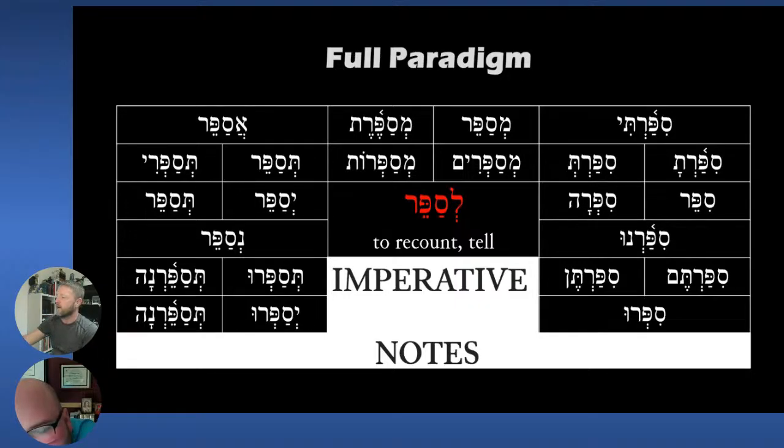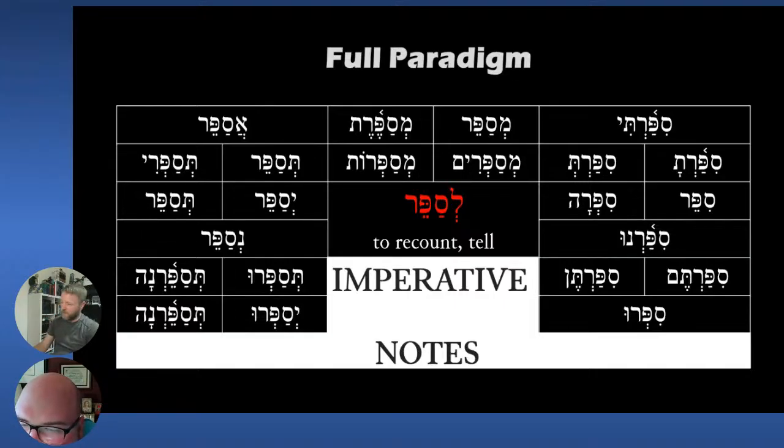So mesaper, mesaperet, mesaprim, mesaprot. Okay, mesaper. If we say this for speaking, ani medaber, I speak. Ata medaber, at medaberet. If I were a woman, I would say ani medaberet. Atem medabrim. Aten medaberot.